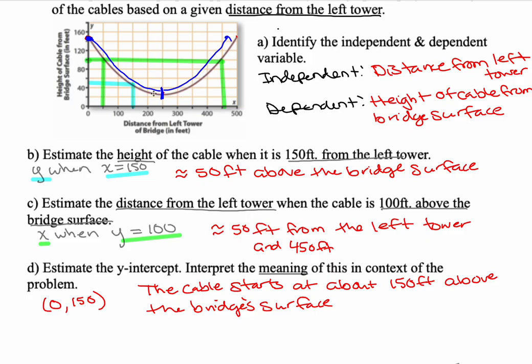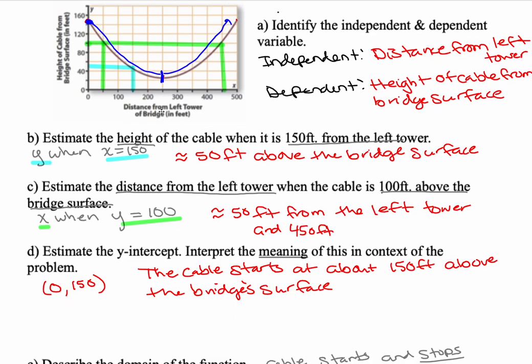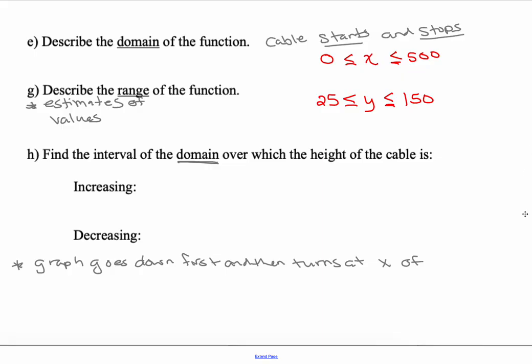This location here, that coordinate is 250, comma, roughly 25. So at the x of 250, that is the turning point of our graph.